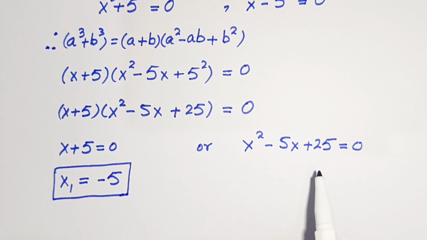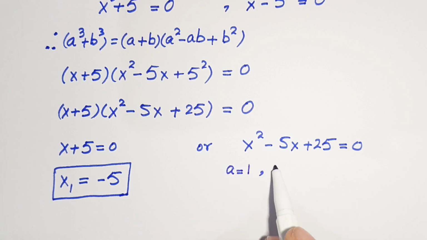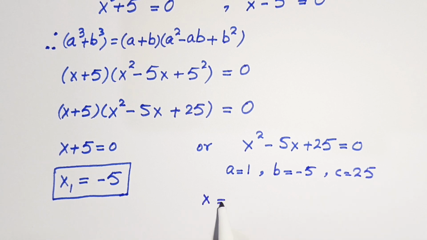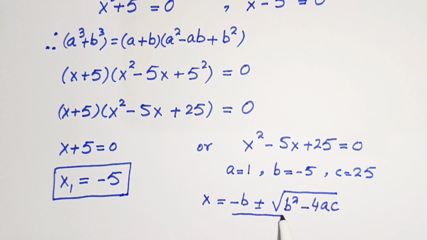Now solving this one, then we see that it is a nice quadratic equation. So if we have to solve this, then we are going to use the quadratic formula. Here the value of a is 1, b is minus 5, and the value of c is 25. Now using the quadratic formula, that is x is equal to minus b plus minus square root of b squared minus 4 times a times c all over 2 times a.